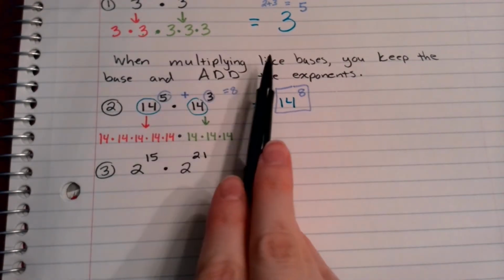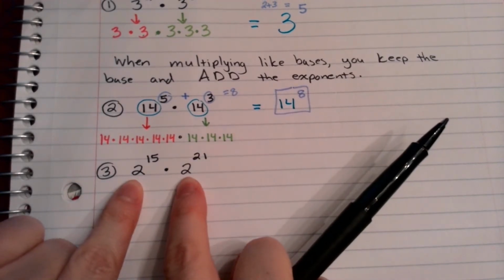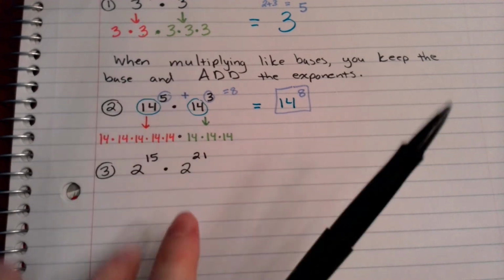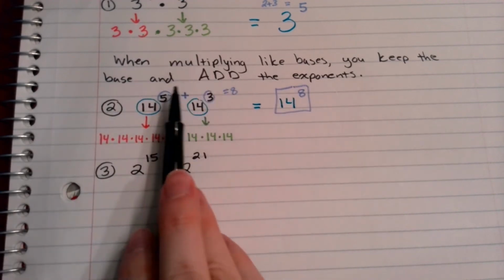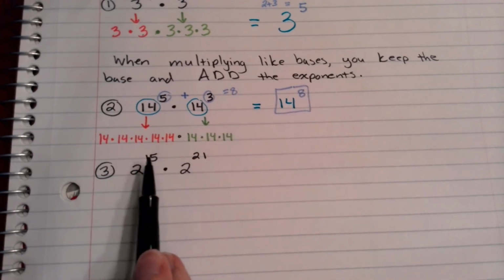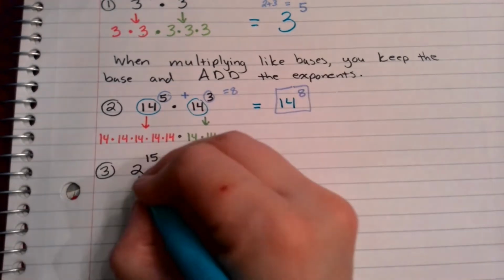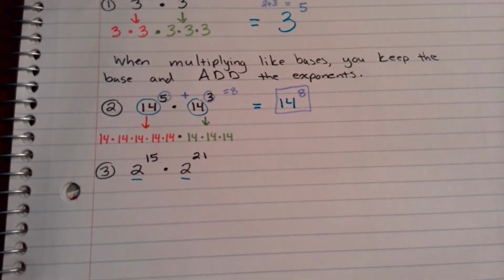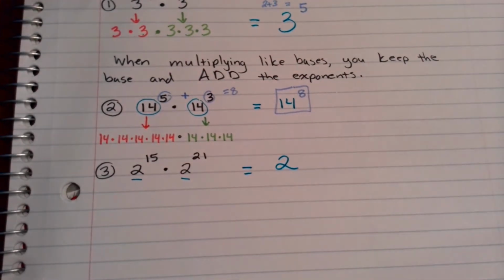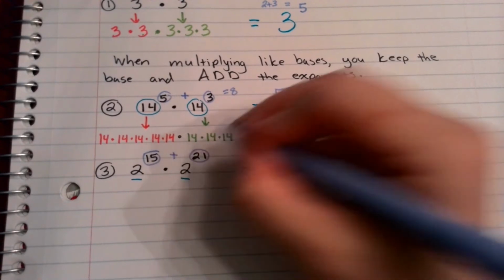When multiplying like bases, you keep the base, so I'm going to keep that 2, and I add the exponents. I'm going to add the 15 and 21 together.